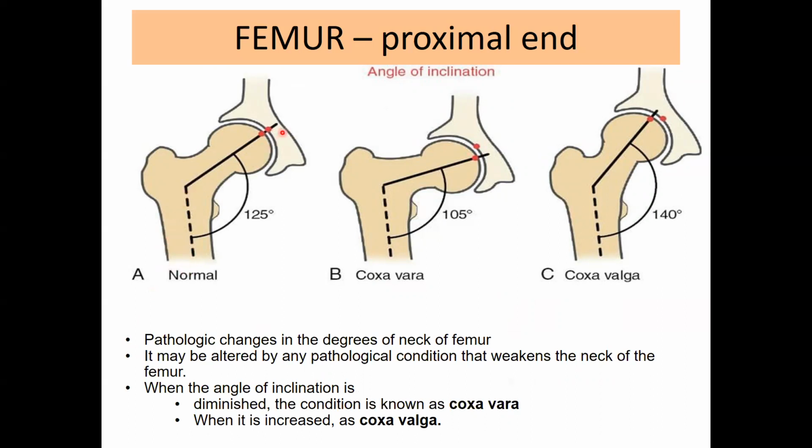This is some clinical correlation. The angle of inclination of the neck of the femur and the shaft is approximately 125 degrees. When the angle is lesser than 125, for instance 105, this is what we call coxa vara, where the angle is diminished.